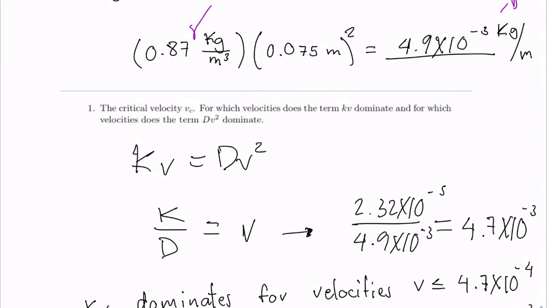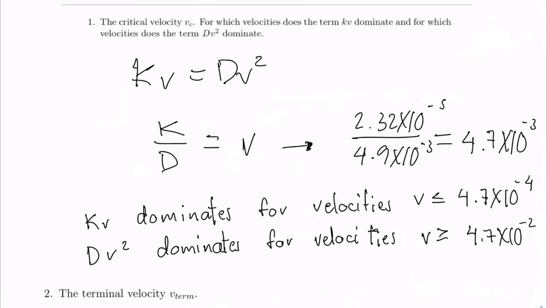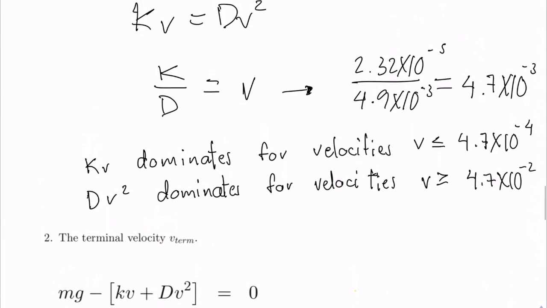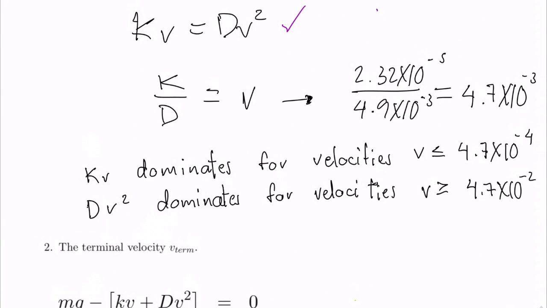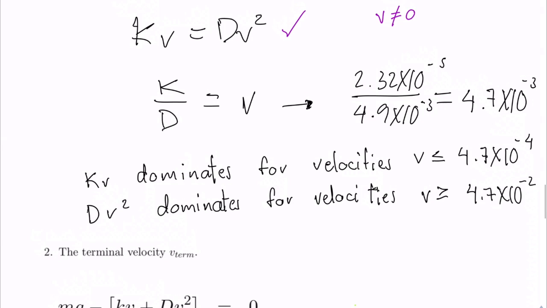Then the first problem tells us the critical velocity, for which velocities does the term kv dominate, and for which velocities does the term dv squared dominate. So we have this formula where v cannot be 0, and we solve for v and we get k over d is equal to v.